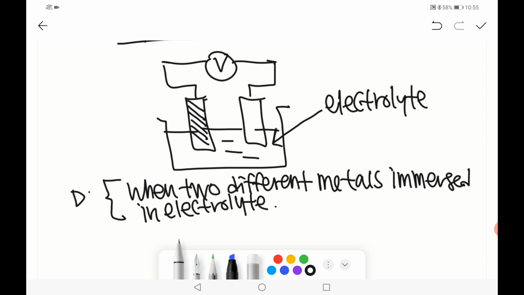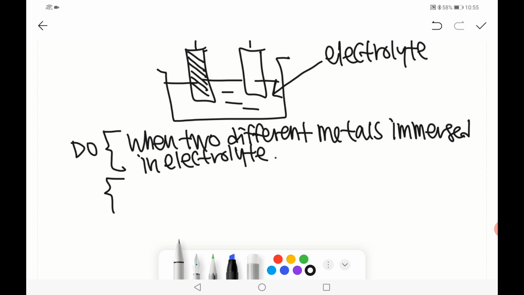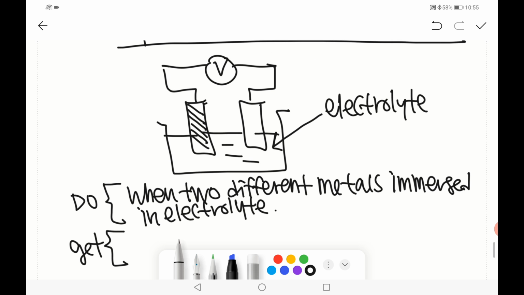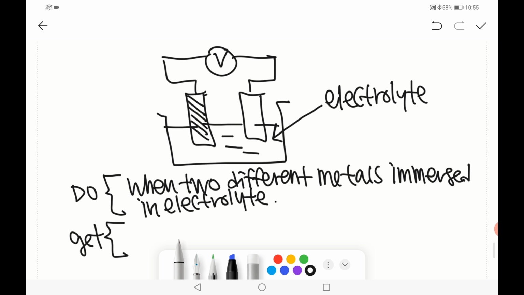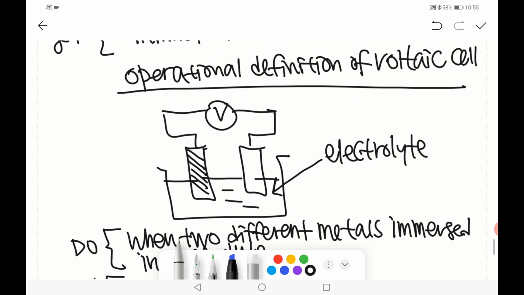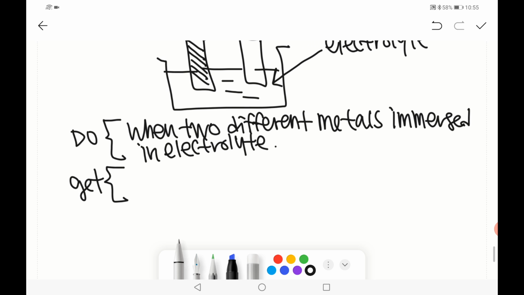So if this is a voltaic cell, what do you expect you will get? What is the result? Voltaic cell produces electricity. So if there is electricity, what is the result you can get? You will see the voltmeter shows a reading.